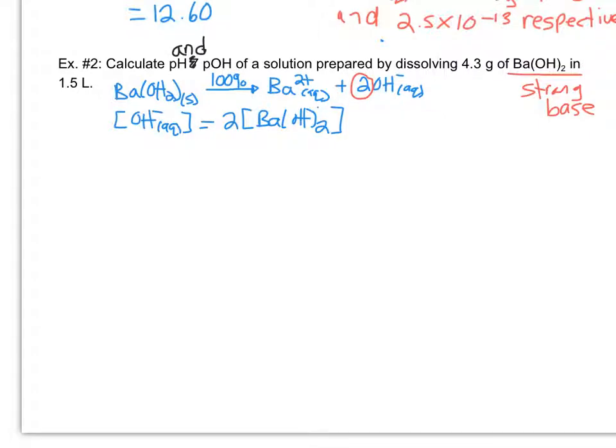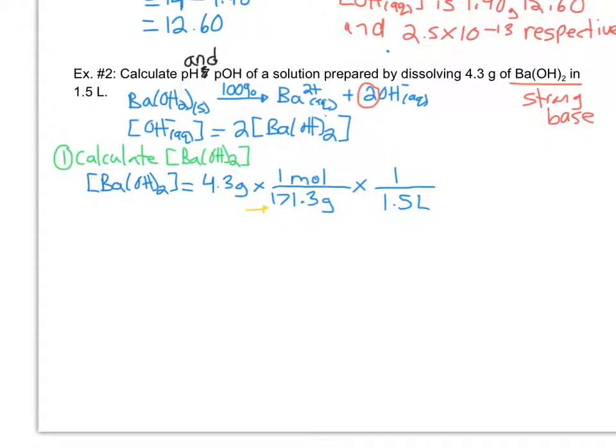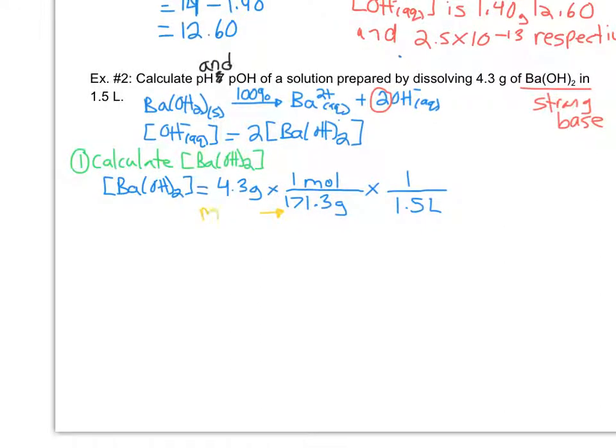hydroxide. So our first step is going to calculate that. So we set it up like a factor label method like we've seen before. We take our mass and we're going to times it by our molar mass. So in case you forget, molar mass is here.